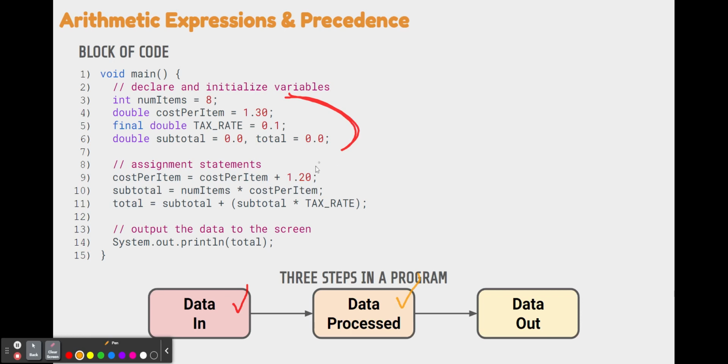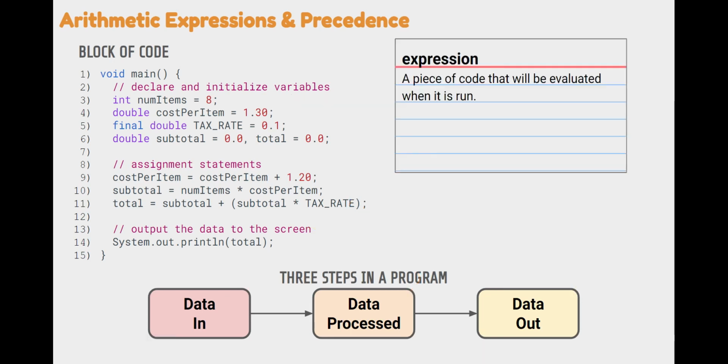That's on lines 9 through 11. We are processing that data. We are doing some math. We are evaluating some of those values. And then data out shows up on line 14 where we put that information onto the screen. So this program does feature all three of those steps: data in, data processed, and data out.